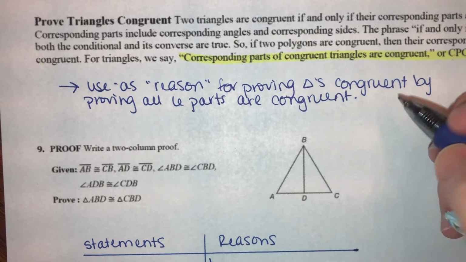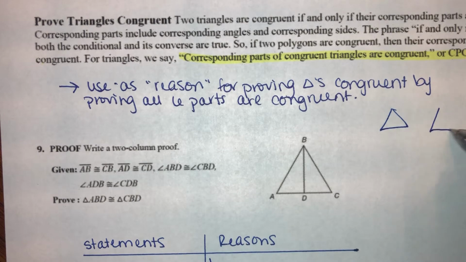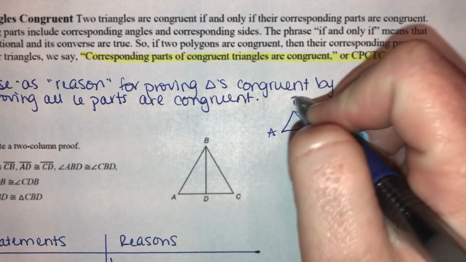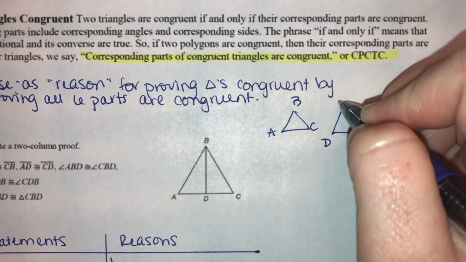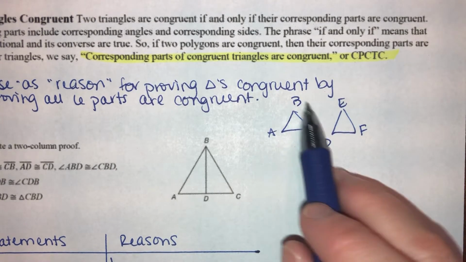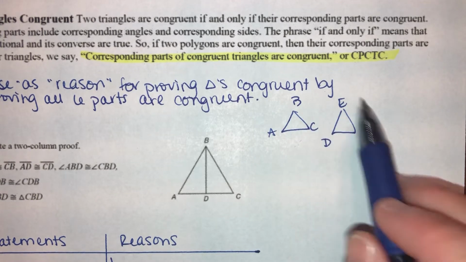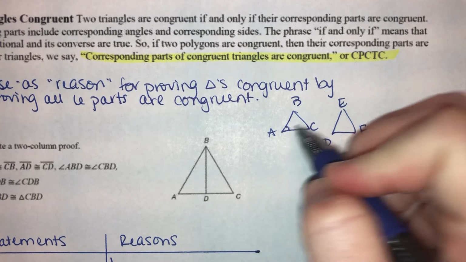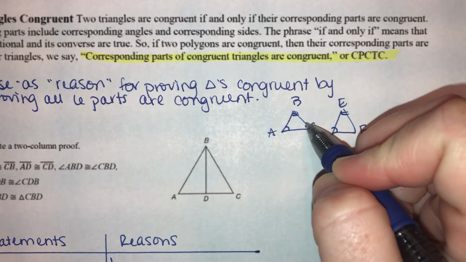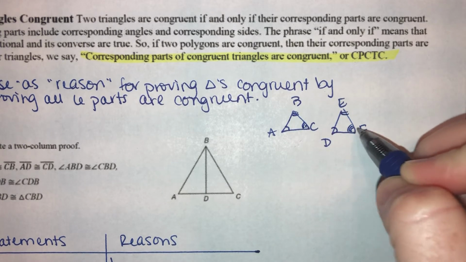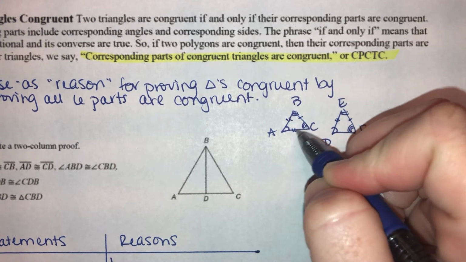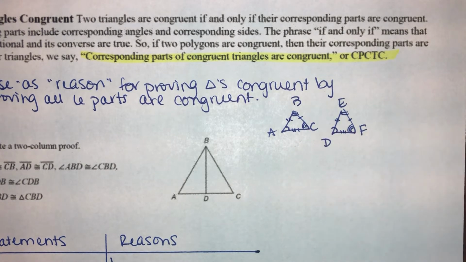Think about it, if this triangle is congruent to this triangle, they don't look congruent, but let's say they are. If I say this entire triangle is congruent to this guy, that means all of their corresponding parts are congruent, right? 1, 2, 3, 1, 2, 3, and then the sides 1, 2, 3, 1, 2, 3.